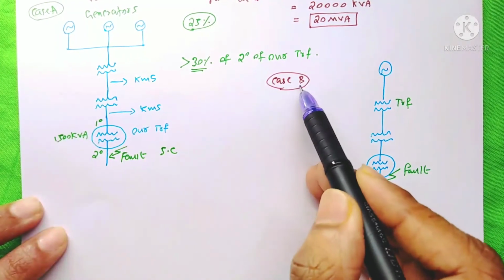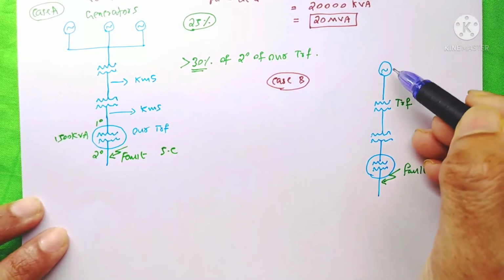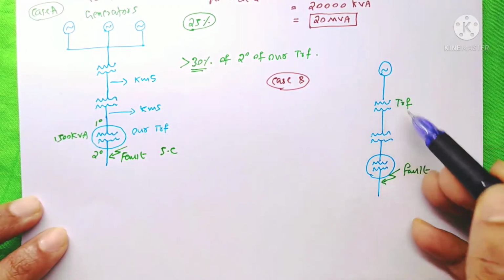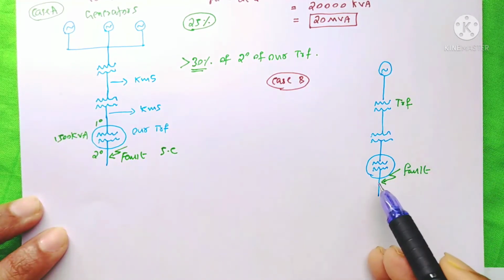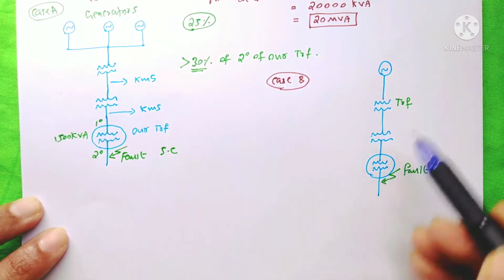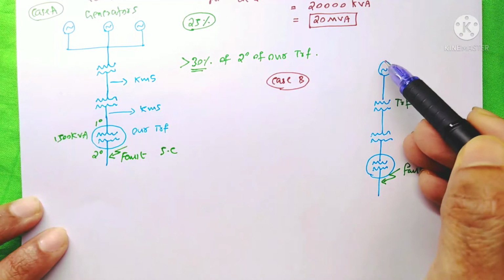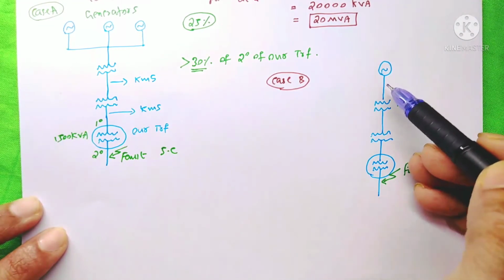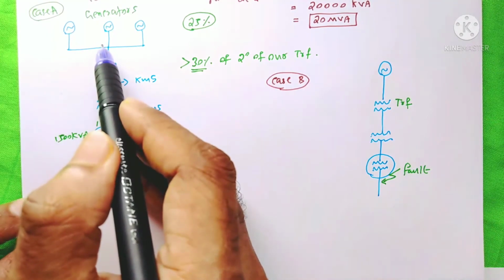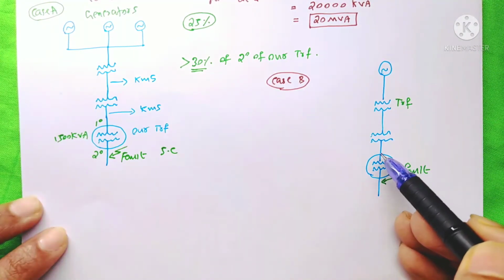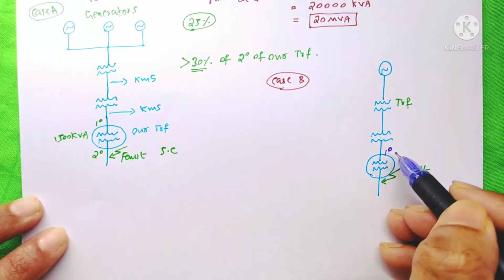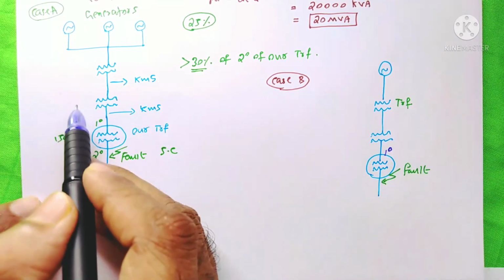And the next case is case B. Here we have only one generator, the transmission line and some other transformers, and it is our transformer. See here, because of only one generator, the per unit impedance of this generator will be more than the previous condition. And when it reaches the primary of our transformer, it will be more than the previous case.